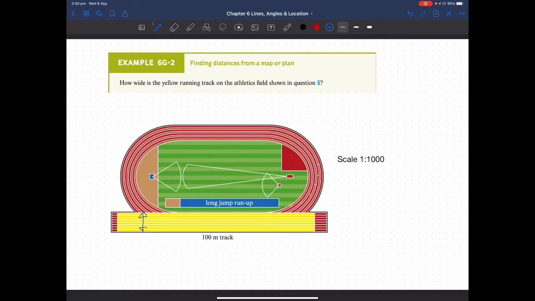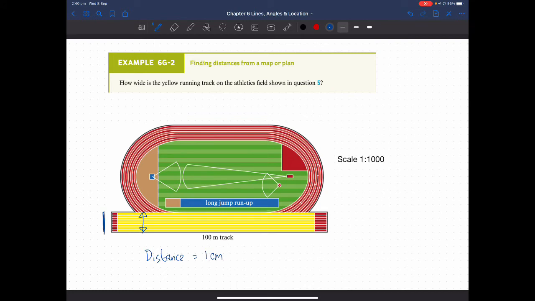That's this distance here. With my ruler, when I measure it, I get 1 centimetre.